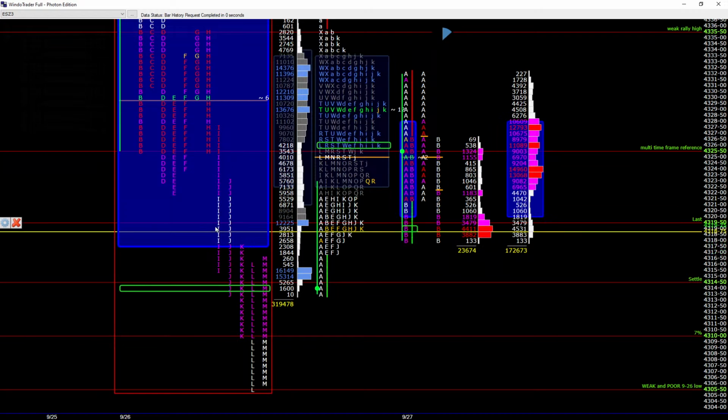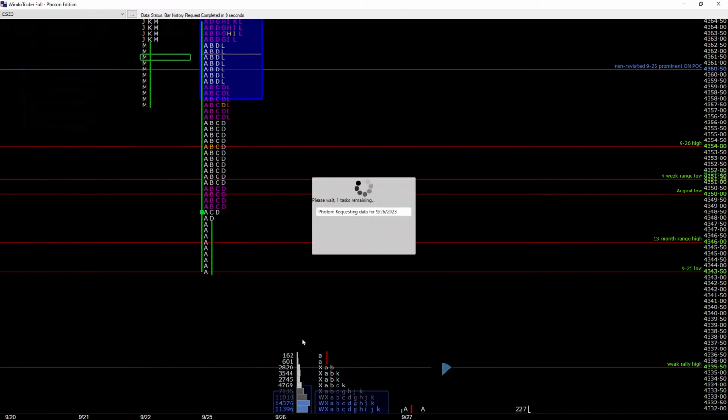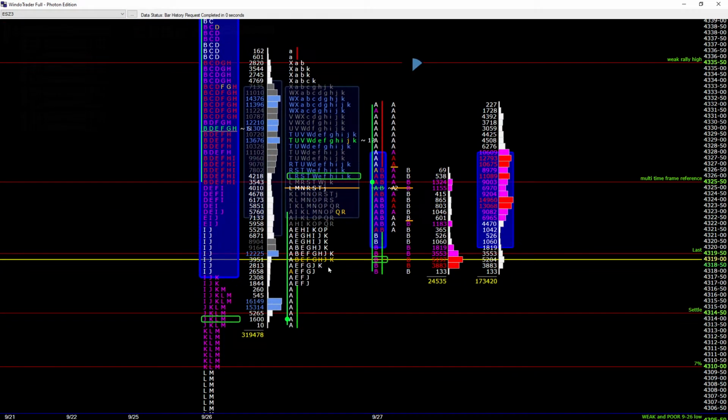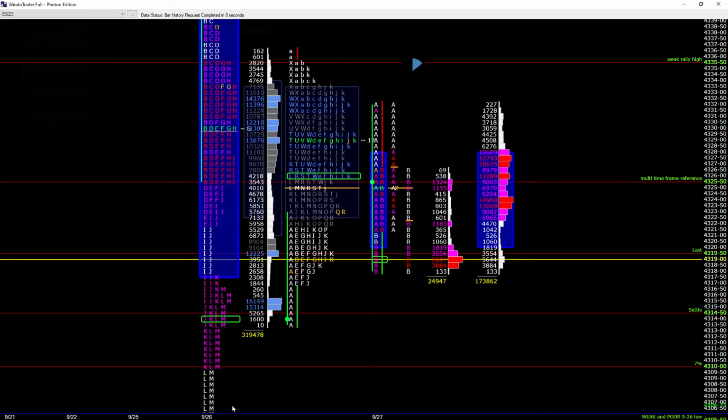Traders that cannot get short are forced to cover. And this is high volume here. This is interesting, this level here.